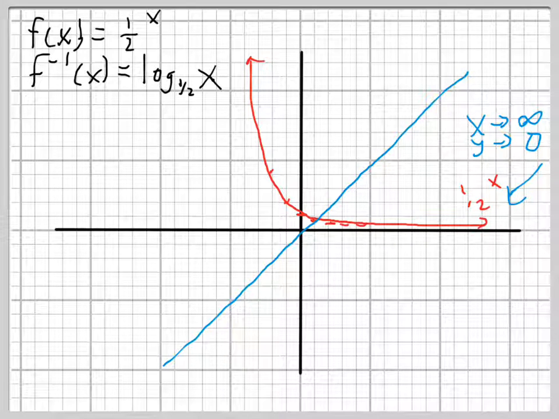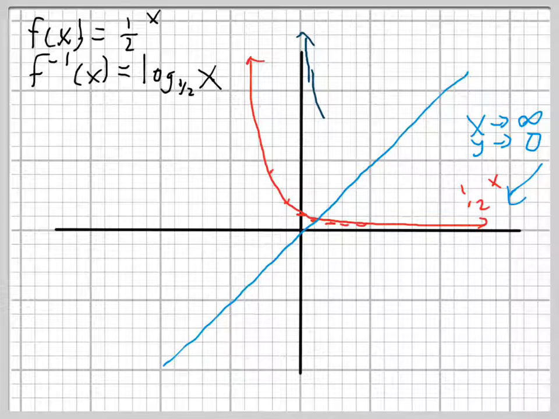So as x goes to 0, in this case from the positive side, y goes to positive infinity. So we're going to have some kind of asymptote here on the y-axis instead of the x-axis.